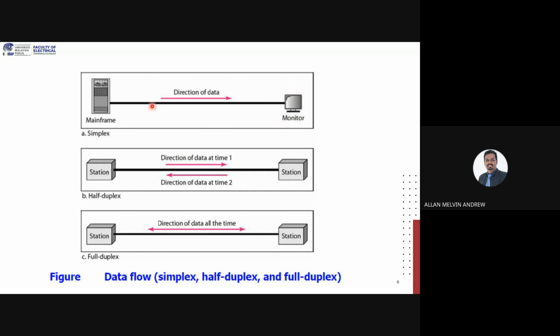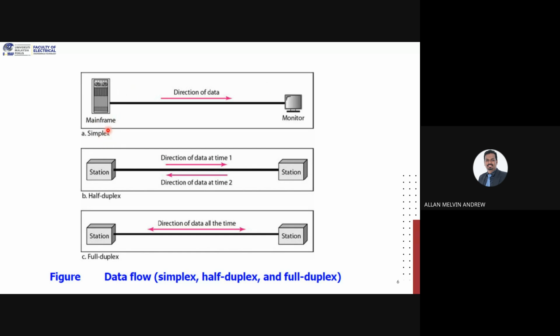It is only one way, from the workstation or mainframe server to the monitor. It does not come back from the monitor, because the monitor is only for display and does not give any input. That we call simplex.